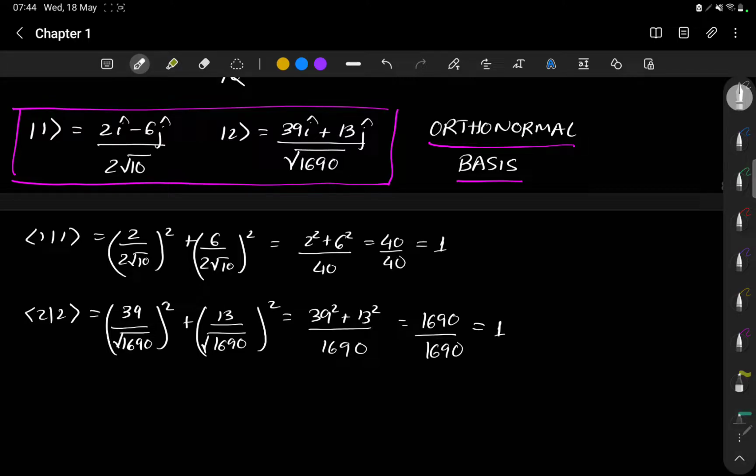And are they orthogonal? Let us check that. Dot product of the first with the second.